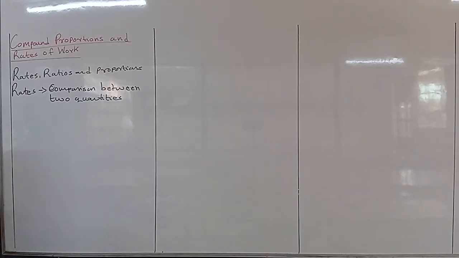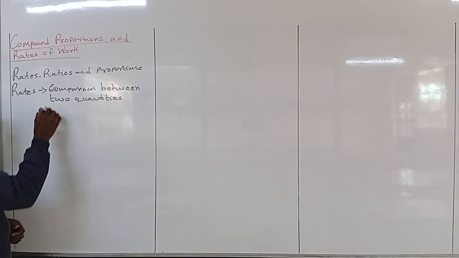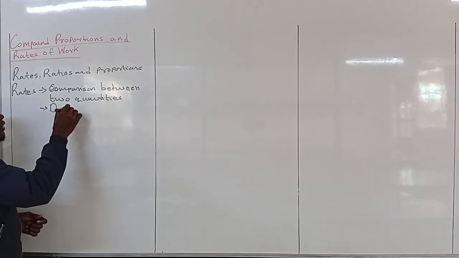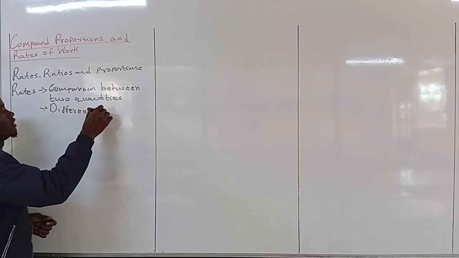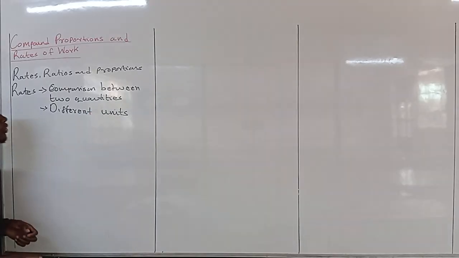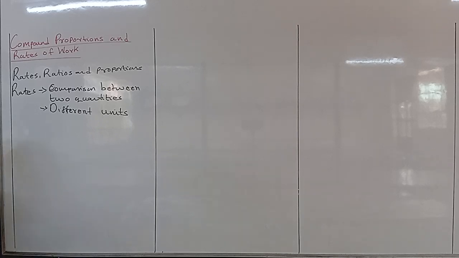They are connected with a certain thing, that is what we call a rate. The quantities must have different units, that is for the rates, and we're going to look at how ratios and proportions are defined also.